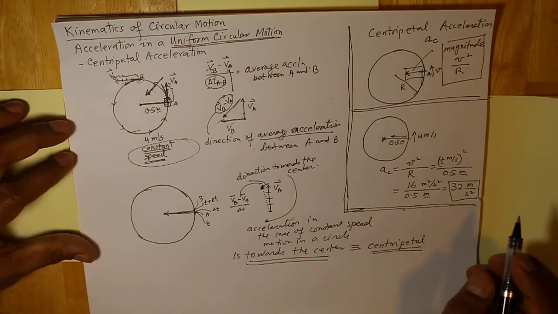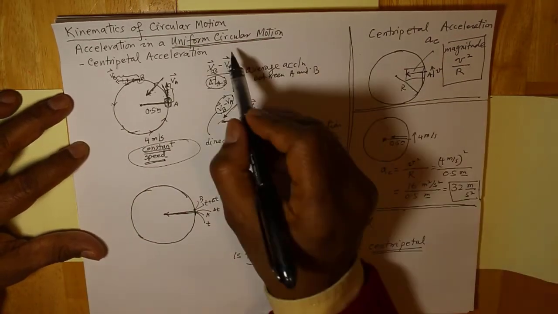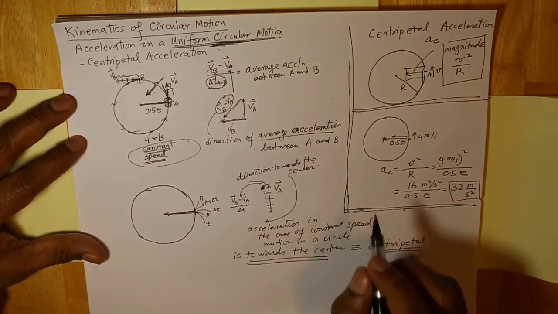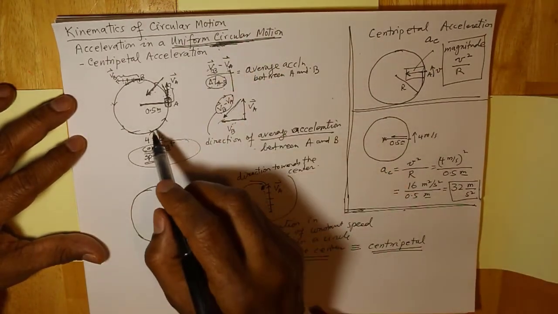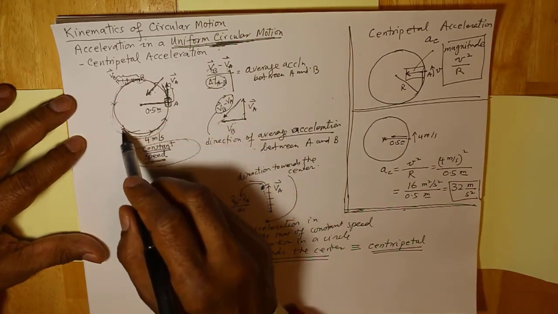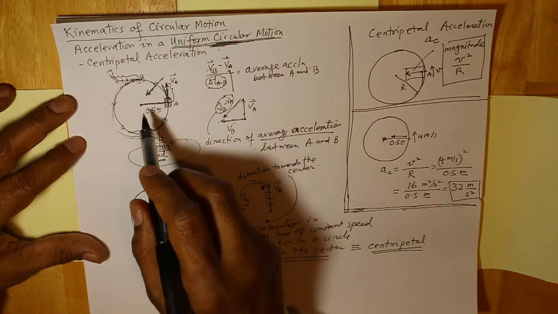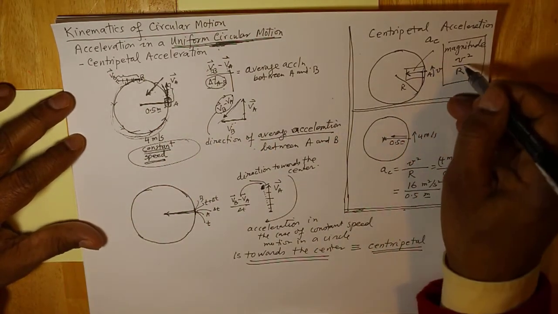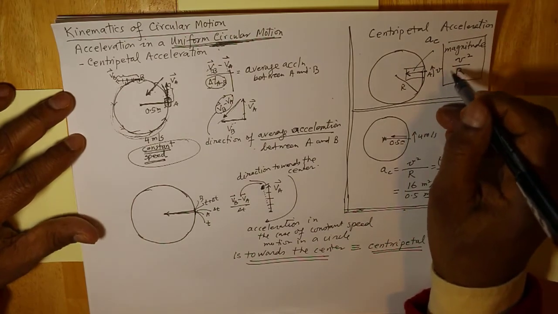Next we're going to talk about what happens if you don't have uniform circular motion. When you don't have uniform circular motion, meaning speed is changing, you have a different speed at different points, which means your centripetal acceleration's value will itself be changing at different places.